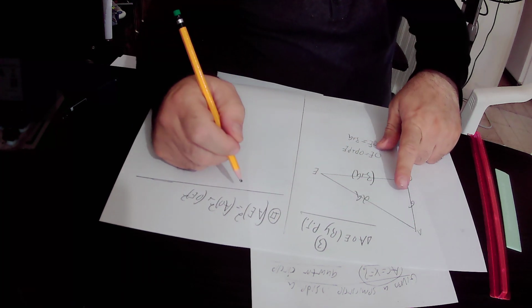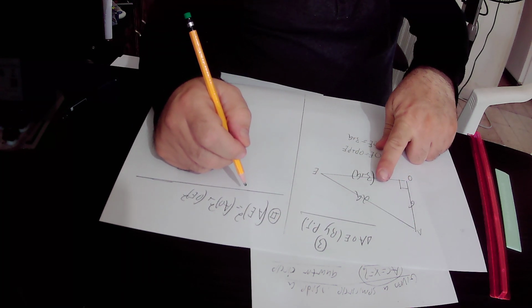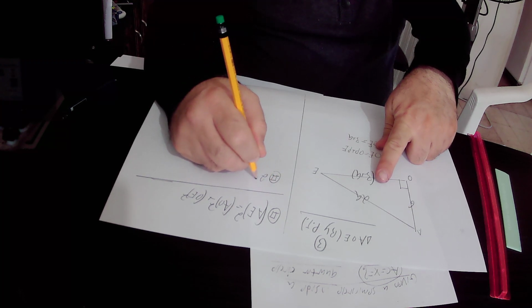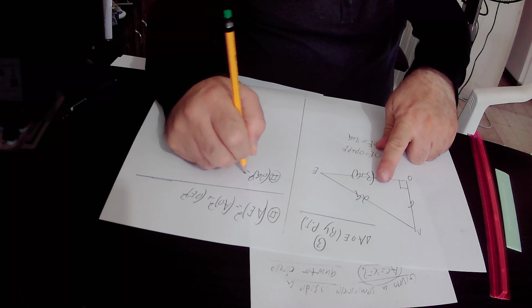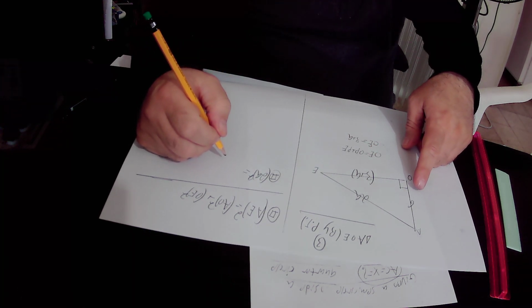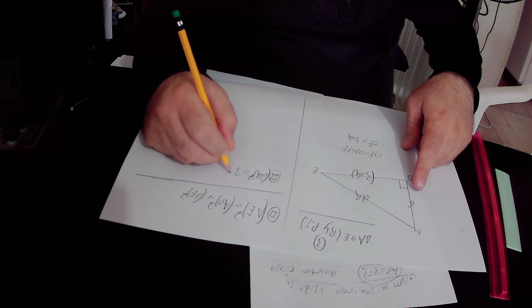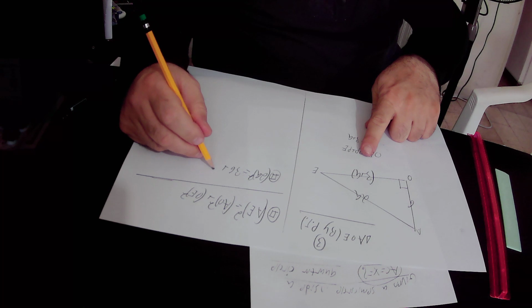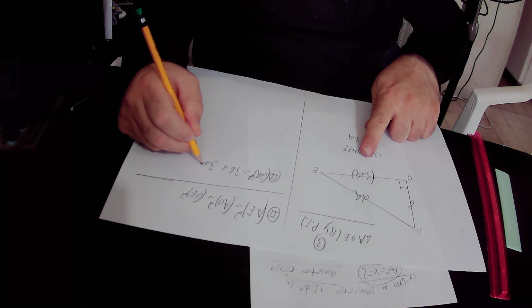We have already found out that AE equals 2a, so AE squared will be equal to (2a) squared, and it is equal to AO squared. AO equals 6, so AO squared is 6 squared, that is 36, plus OE squared. OE equals 3 plus a, so OE squared is (3 plus a) squared.